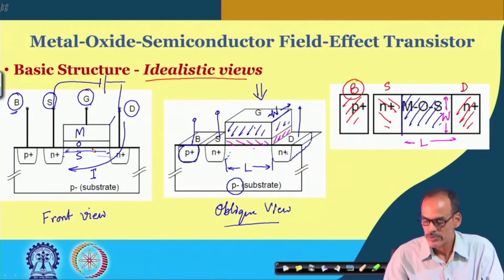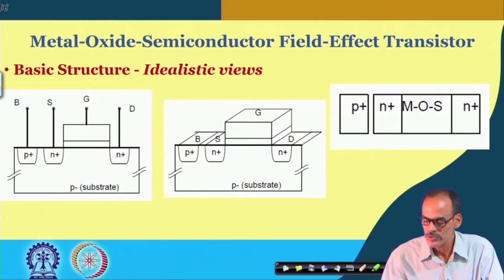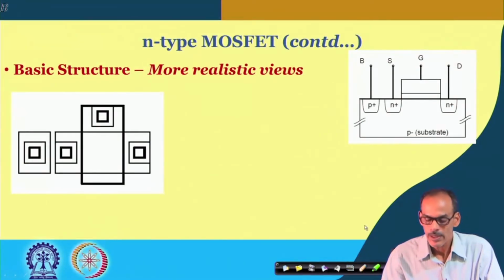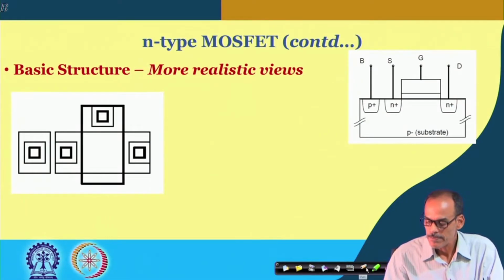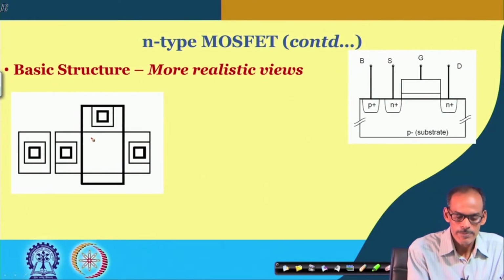And just for your information, the rather realistic views are like this. The top view, if you see here, so this is the channel portion. So, you can see the MOS structure is here, but then the metal portion is getting extended beyond this one.